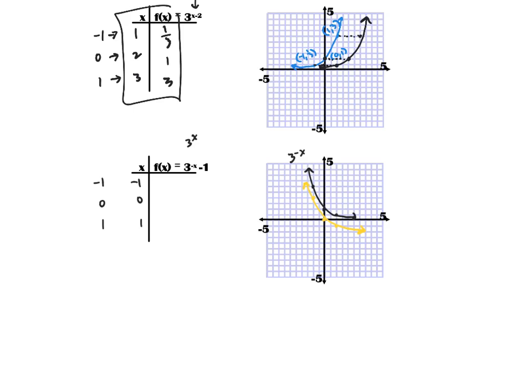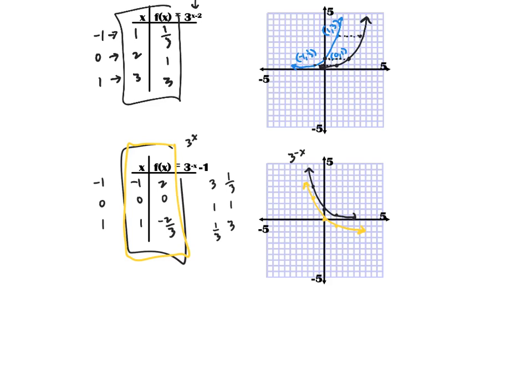So we took the outputs, which were 1/3 and 1 and 3. We changed them to 3 and 1 and 1/3, and then we subtracted 1 from them, shifting it downward. So this became a 2 and a 0 and a -2/3. And so there are our coordinates for the 3 points that should be in yellow of that new function based on the parent function 3 to the power of x.